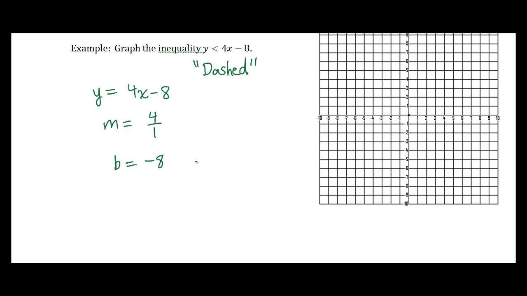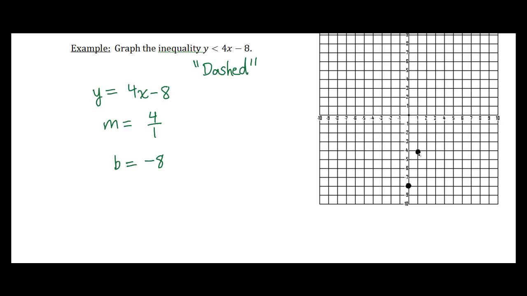If I want to graph this line, I'm going to remember to make it dashed. On my y-axis, I'm going to go to negative 8 and plot my point. My slope is 4 over 1, so I'm going to go up 1, 2, 3, 4, and to the right 1, and I have a point on my line.